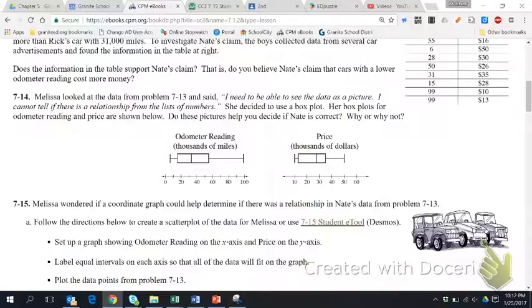So do these help you decide if Nate is correct? Why or why not? Now remember, as we're looking at these, Nate's assumption was that if the odometer reading is higher, then the price will be lower, and vice versa. So, do these pictures help us to confirm that Nate's right, confirm that he's wrong, or do they not help us? Make sure to describe your answers fully.